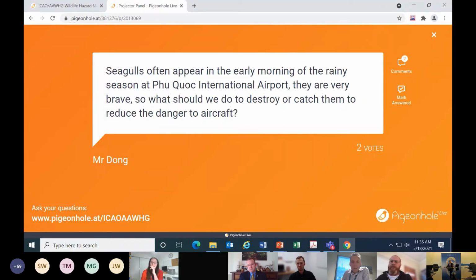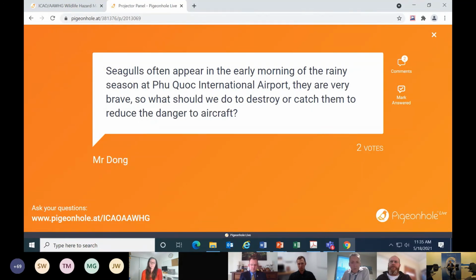Yeah, I agree with what you said, Andrew, and just extending on that, what we found was that if you destroy the birds, as Kylie pointed out, they become very curious. They see what's happened to their friends, so they hang around a lot longer because they're curious to see what's happened to their friends.